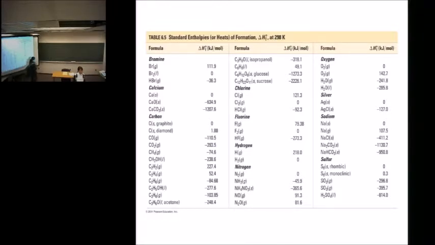What about O2 solid? Will that have a heat of formation of 0? No, because you have to do something to it to get it to turn to a solid. Or O2 liquid, I'm going to have to cool it down to get it to be a liquid. So O2 gas has a heat of formation of 0, not O2 liquid, not O2 solid.